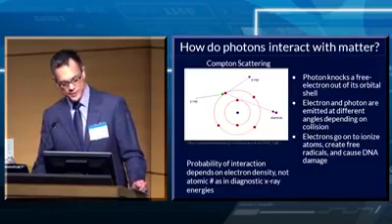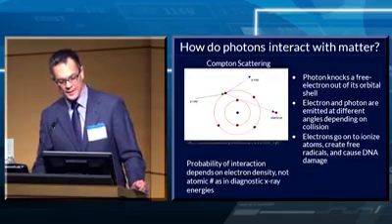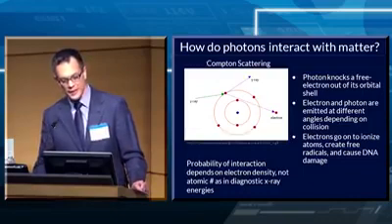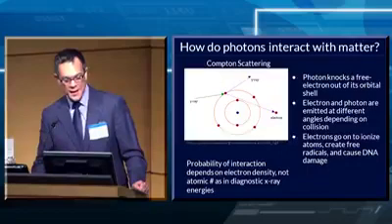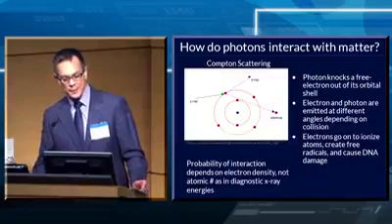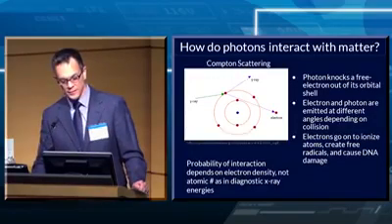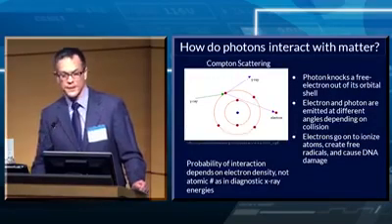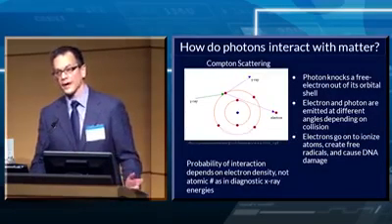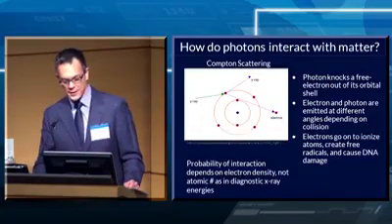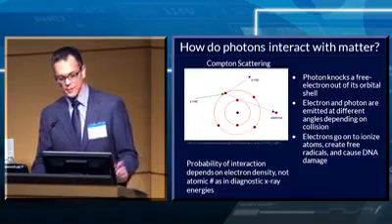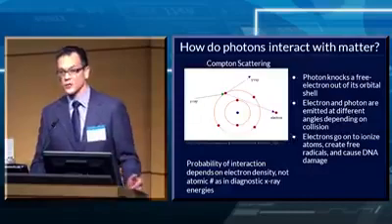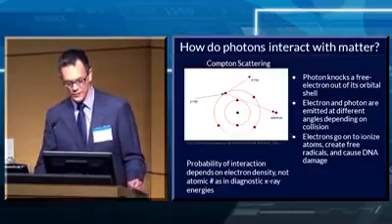And the way that works is an incoming photon hits a free electron on an atom and it has enough energy to knock it out of its orbital shell, basically ionizing the atom, and it changes the direction of the gamma ray because it's lost some energy, and it knocks the electron out in a different direction. And the electron has high enough energy to go on and ionize more atoms after that. And so it's this ionization that creates free radicals, causes DNA damage, and all the things that our talk yesterday discussed.